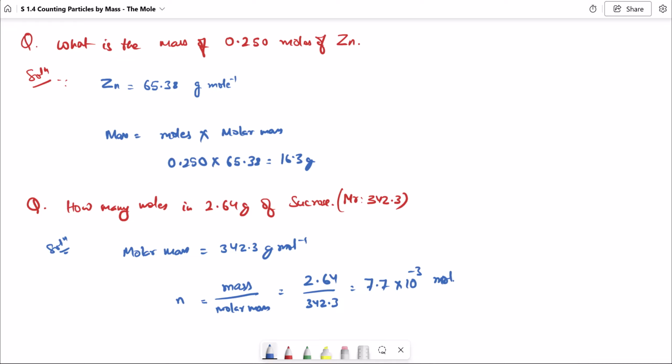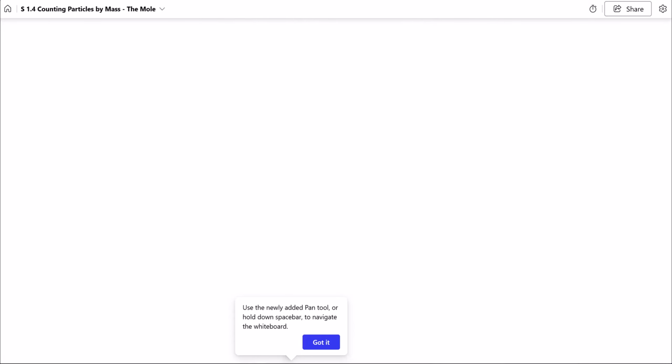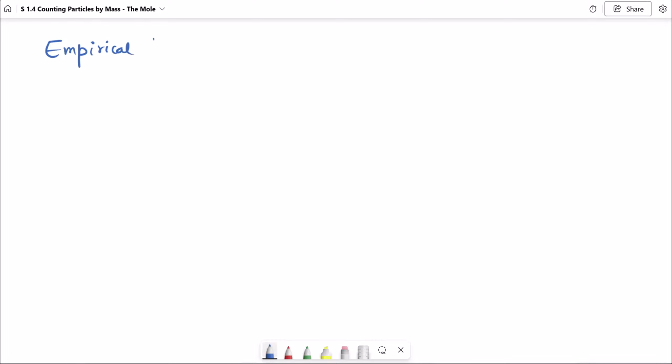Let's go to the empirical formula. Fine. So the molecular formula, we know the molecular formula, right? What is the molecular formula?